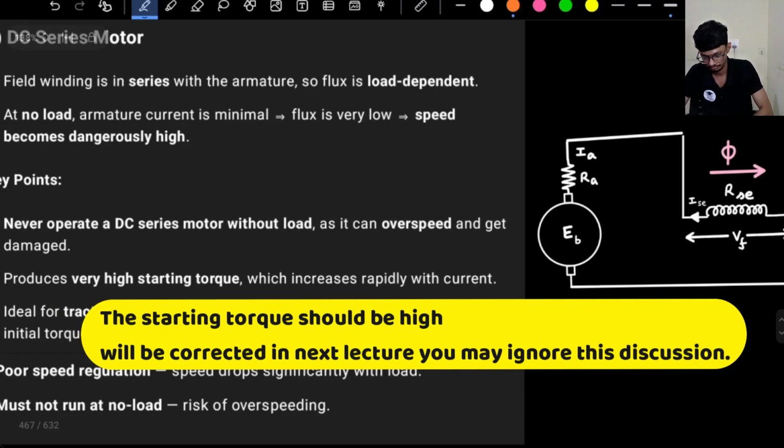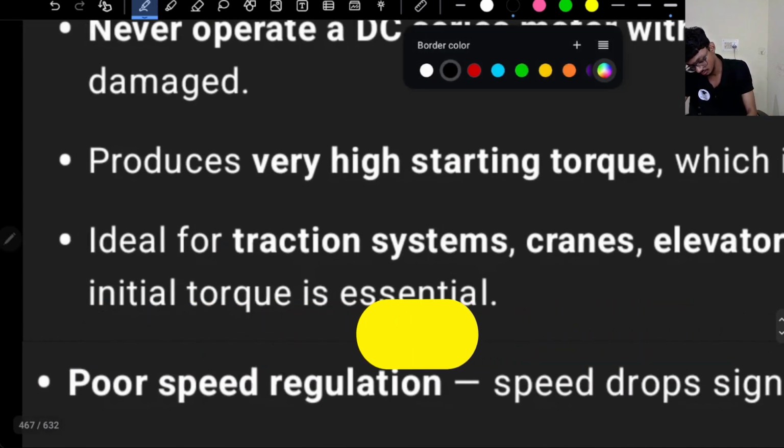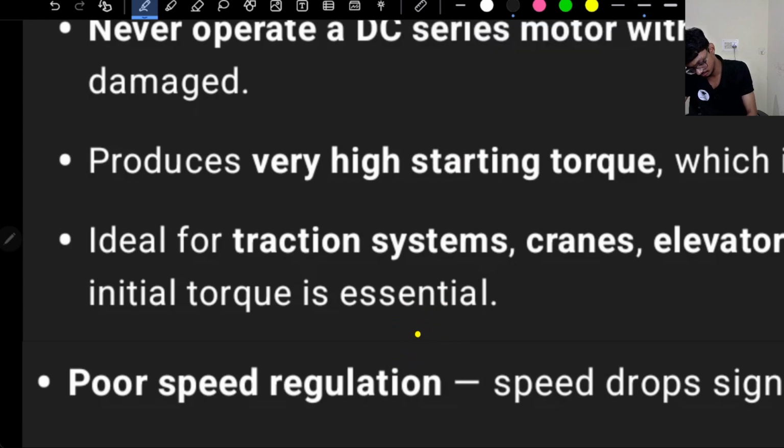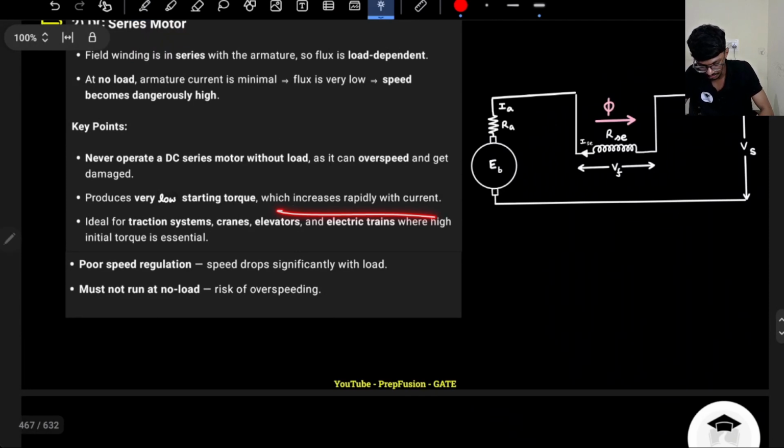Okay, so it is not very high, it produces low starting torque, which increases rapidly with current.